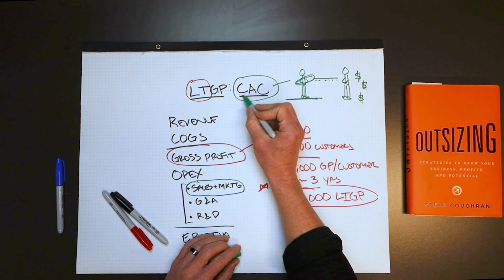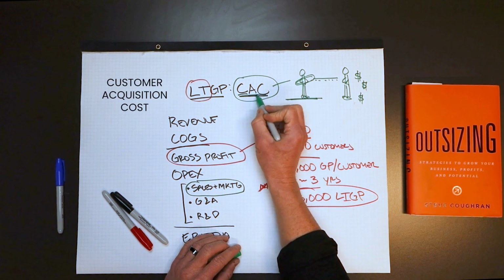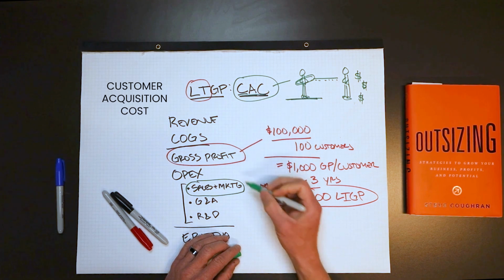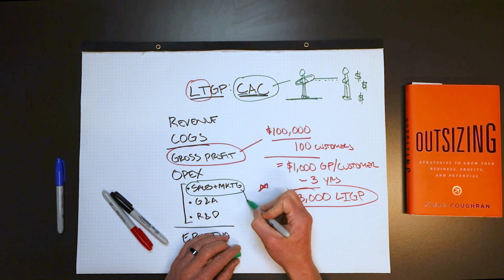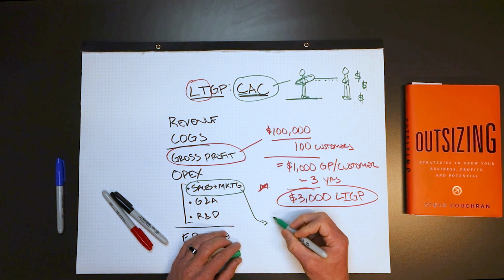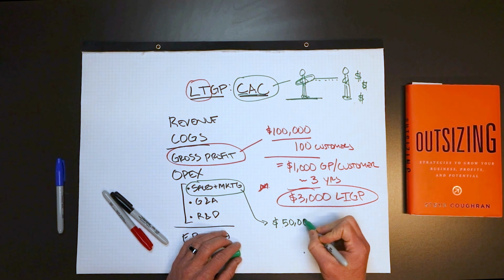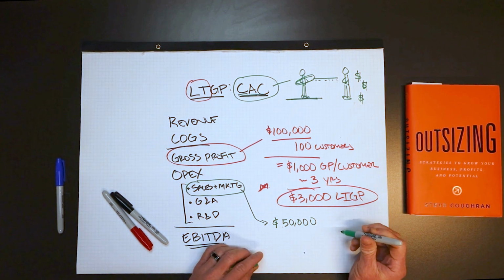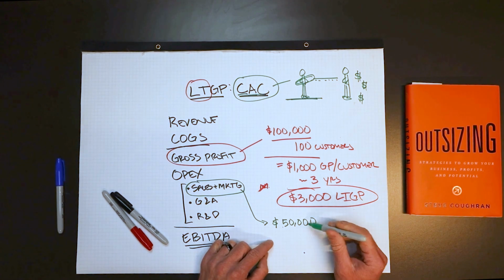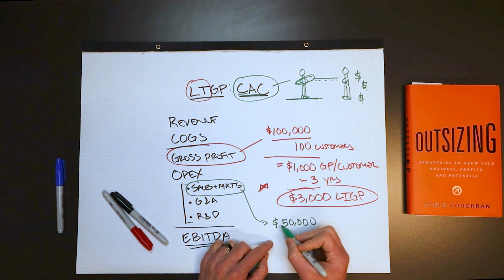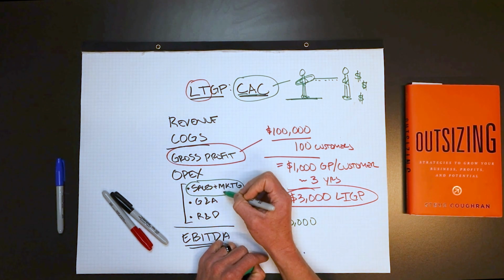So to find your CAC, which stands for customer acquisition cost, what you'll do is you'll take this amount right here on the P&L, and let's just say this number is $50,000, all right?